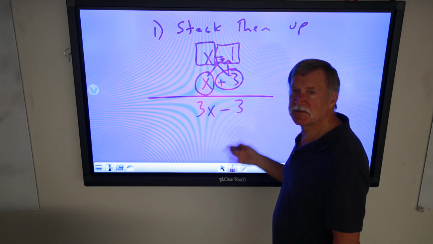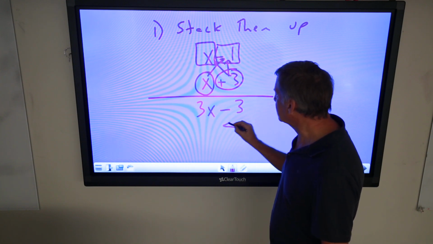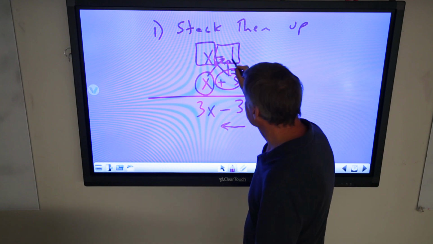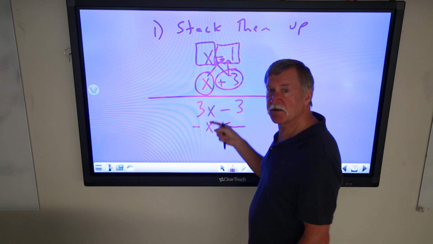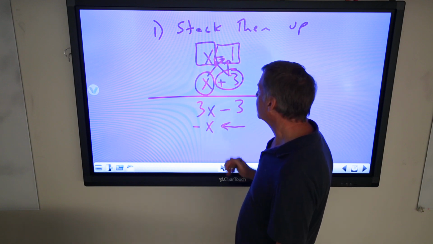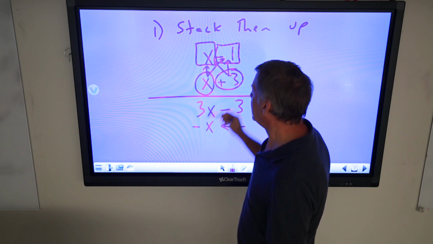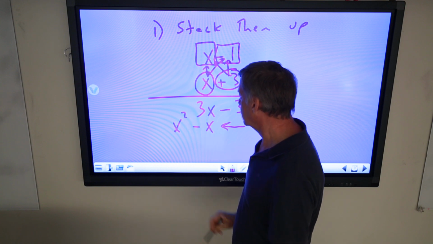And just like in stacking it up in multiplying numbers, I'm going to indent and leave a space under the 3, because x times minus 1 is minus x. And notice I'm keeping the like terms on top of each other. And then I take this x times that x. x times x is x squared.